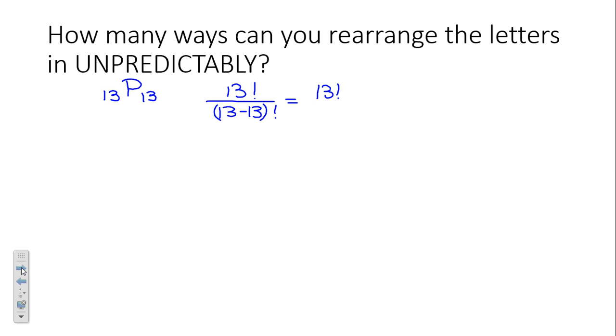When you start to see this pattern, you don't have to write this out each time. You can just realize this is going to be 13 factorial. This is where that button on your calculator comes in handy, because otherwise we would have to take 13 times 12 times 11 times 10 times 9 times 8 times 7 times 6 times 4 times 3 times 2 times 1 if you feel like it. The last one is not necessary.